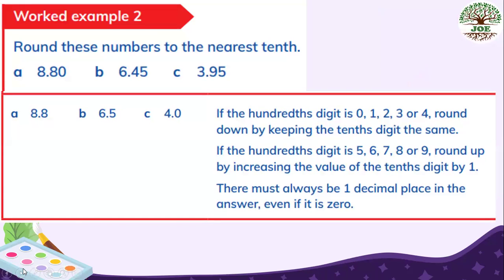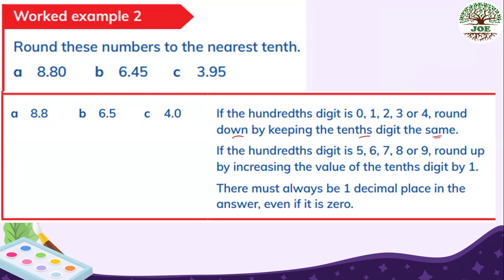This is Worked Example 2. Round these numbers to the nearest 10. There are 3 numbers. So what is our procedure? If we have to round to the nearest 10, we have to look at the next digit, the 100th digit. If the 100th digit is 0, 1, 2, 3, or 4, we round down by keeping the 10th digit the same.